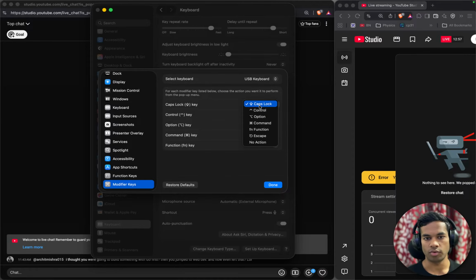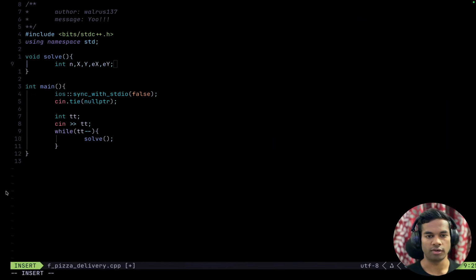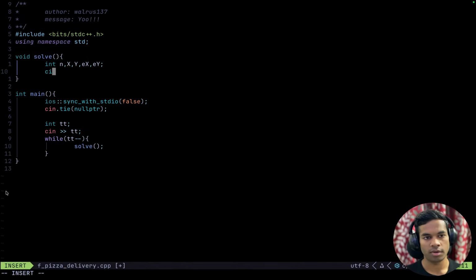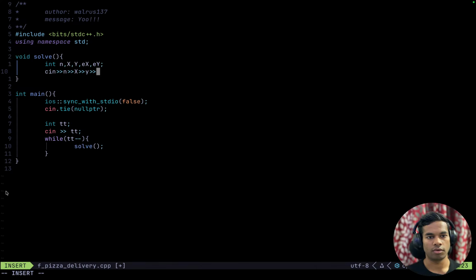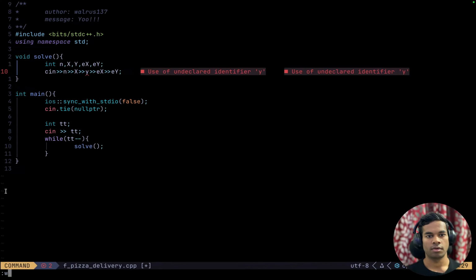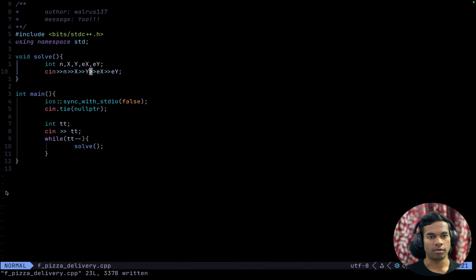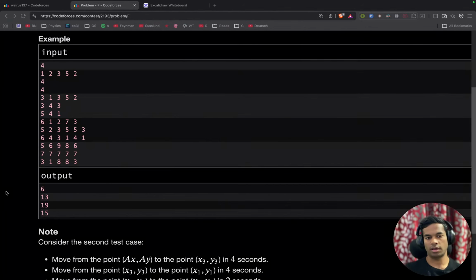For the USB keyboard, this should be control. This somehow changes every time on its own. C and N, X, Y, E X, E Y, capital Y. Okay, and then the other points.